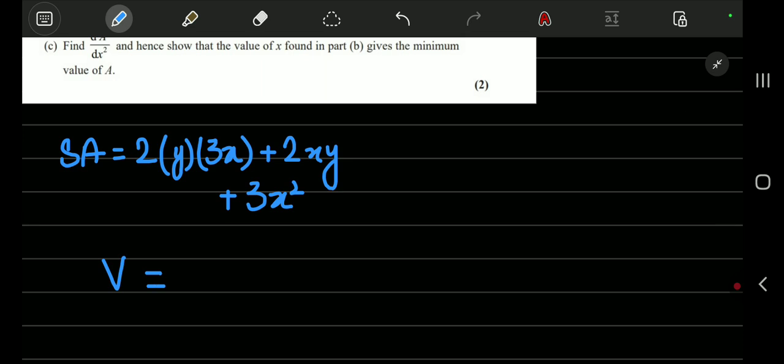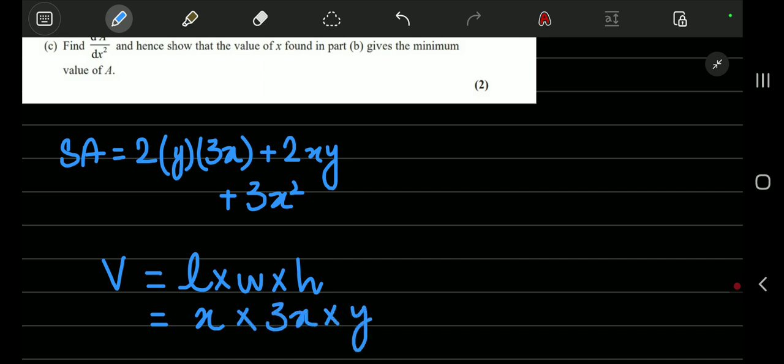What is the formula for the volume of a cuboid? Length times width times height. So what are your length, width and height? One dimension is x, the second is 3x, and the third is y.